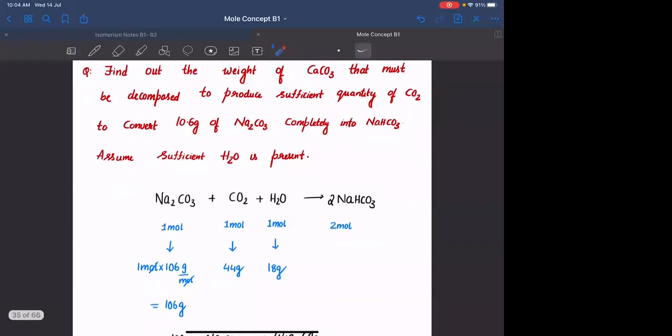First, understand the question. If you understand the question, you can write the equations and proceed. They're asking to convert Na2CO3 into NaHCO3. For that, you need CO2, but that CO2 is obtained from decomposing CaCO3. So first calculate how much CO2 is required, then accordingly decompose CaCO3.